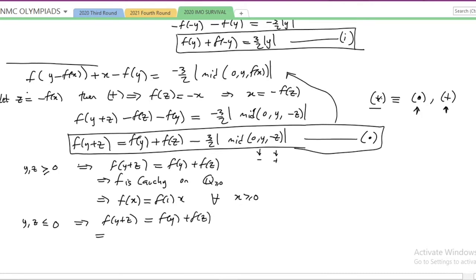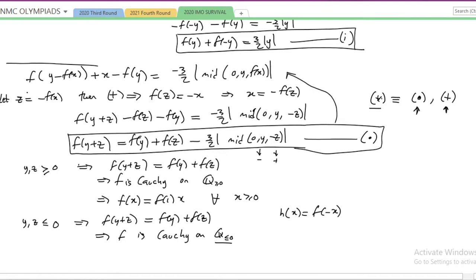Okay, so f is Cauchy on q less than or equal to 0. So as a matter of fact, by bringing in maybe, let's say, a new function defined this way, we're able to change the domain of this restriction here to non-negative.